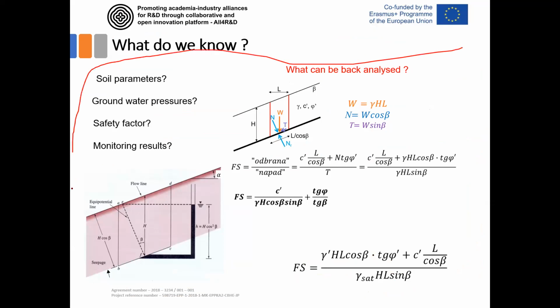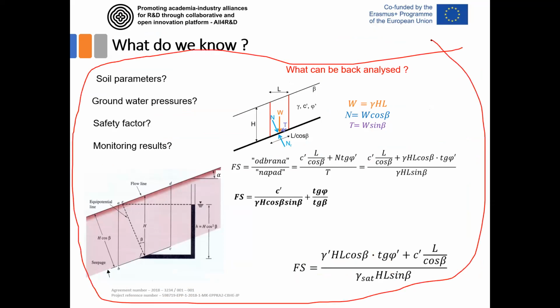Well, this is a very important slide if you really want to understand some main aspects, main terms relating to stability analysis, and it is all defined on one very simple landslide problem.